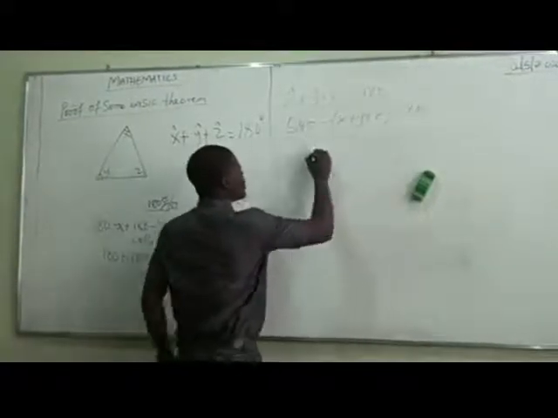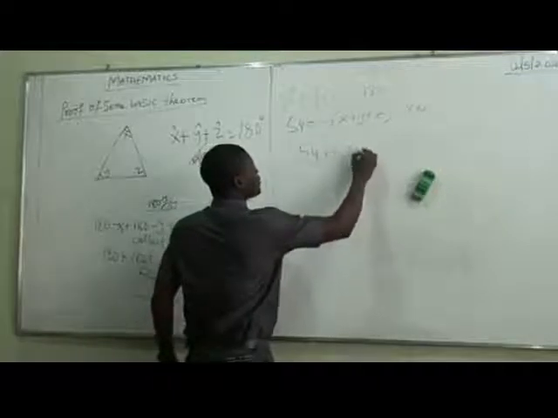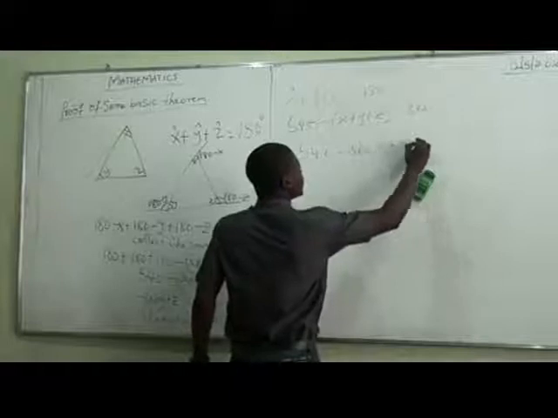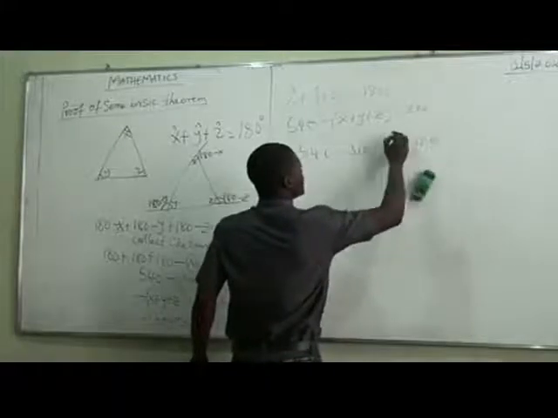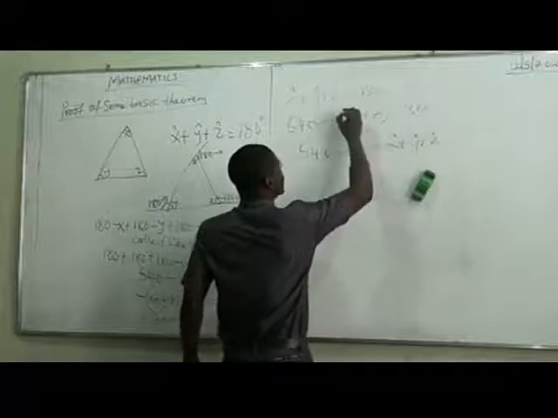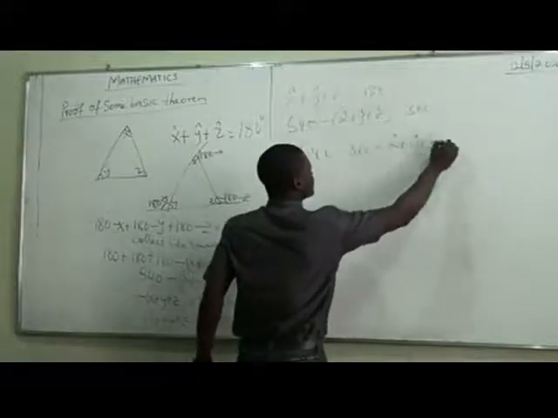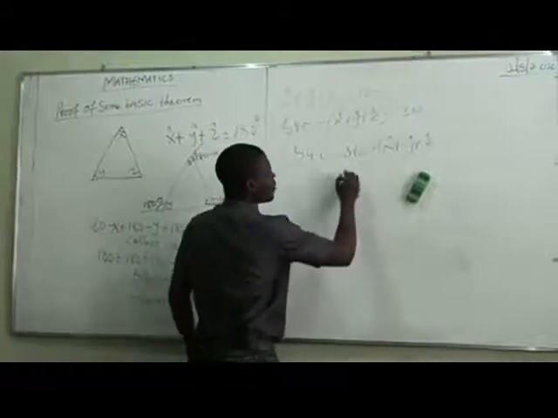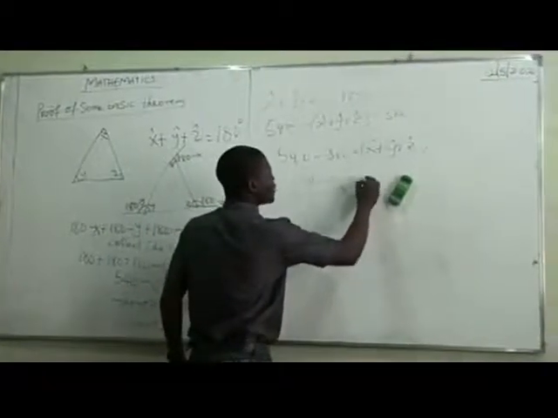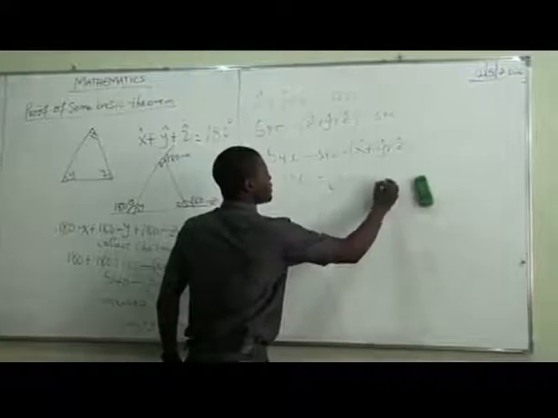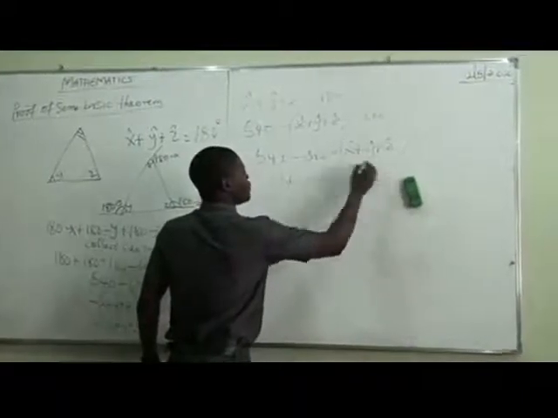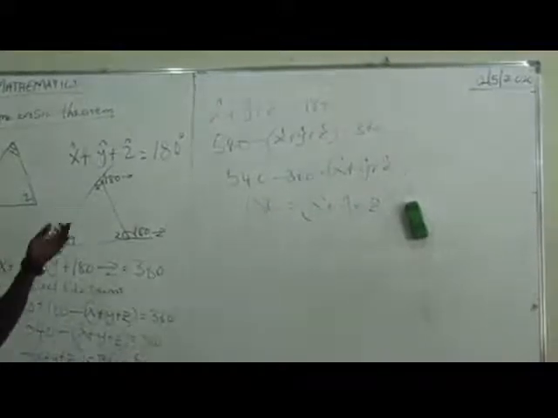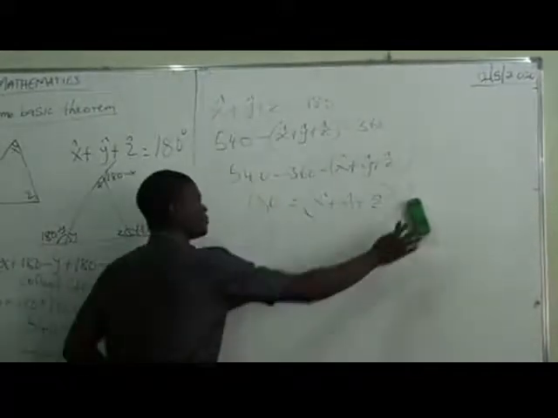You can now see that we have 540 minus 360 equals x plus y plus z. All these things are angles. Now if you look at the board, you see that we now have 180 equals bracket x plus y plus z. Proved. So any one you like, you can choose to solve with.